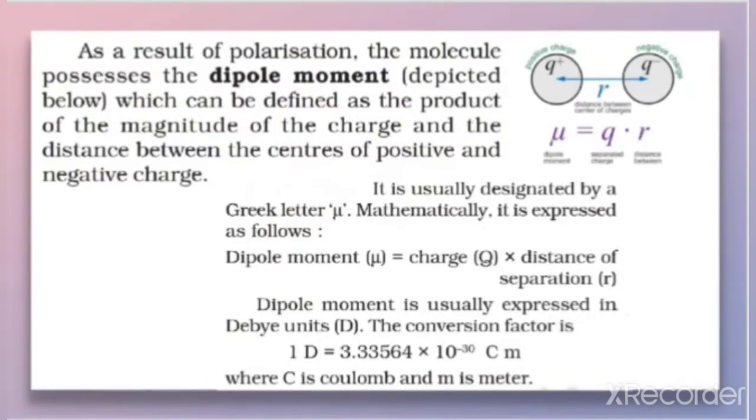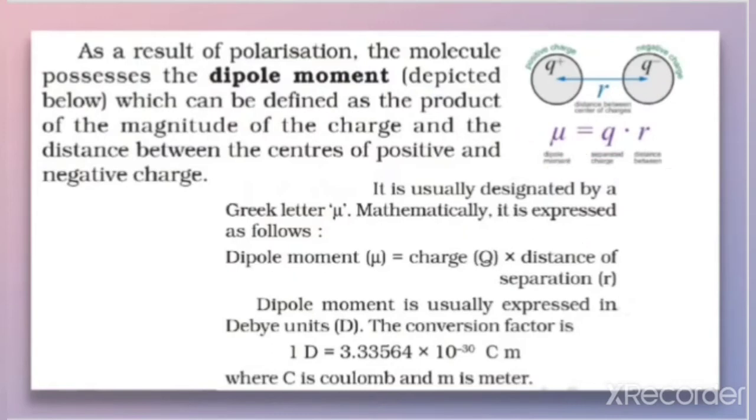The dipole moment is equal to charge times distance of separation. We represent it mathematically as mu equals q into r, where the dipole moment is represented by mu, the magnitude of charge is represented by q, and r is the distance of separation.